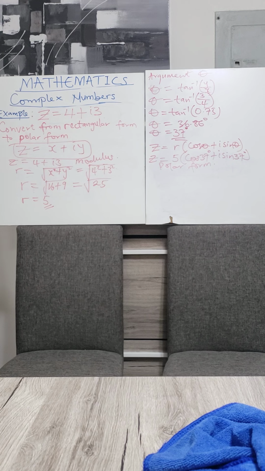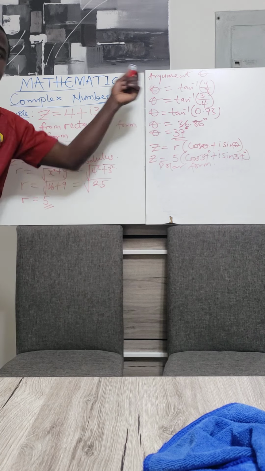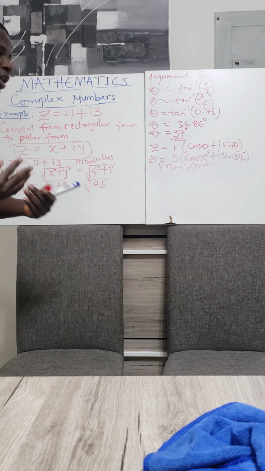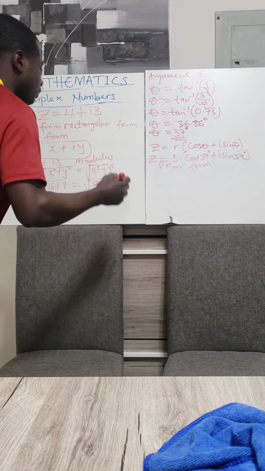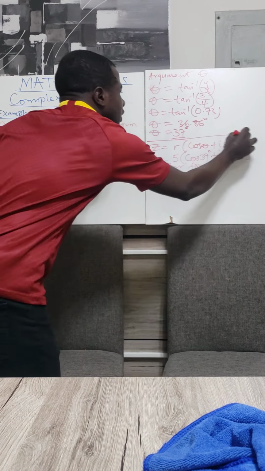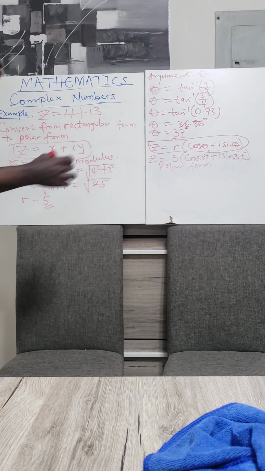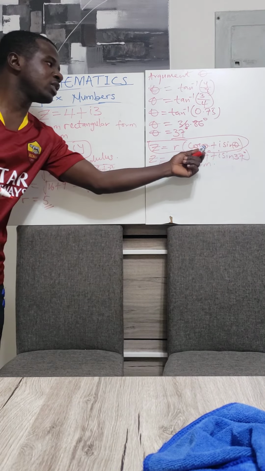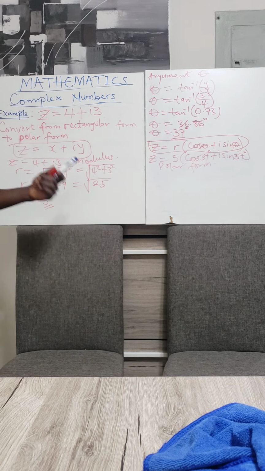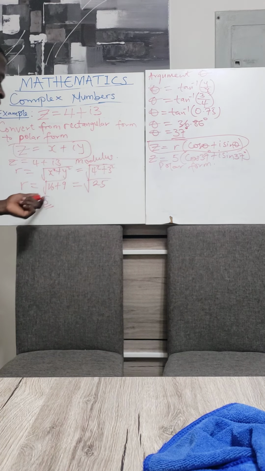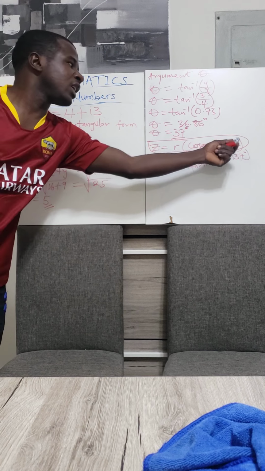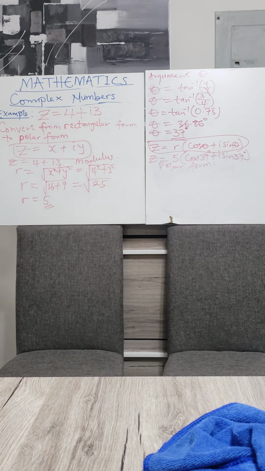I believe it's clear. We need two things: modulus first, then argument second. Then you can bring them together and apply this formula for the polar form: r cos theta plus i sin theta. You substitute for r, which is the modulus, then you substitute for theta, which is the argument.